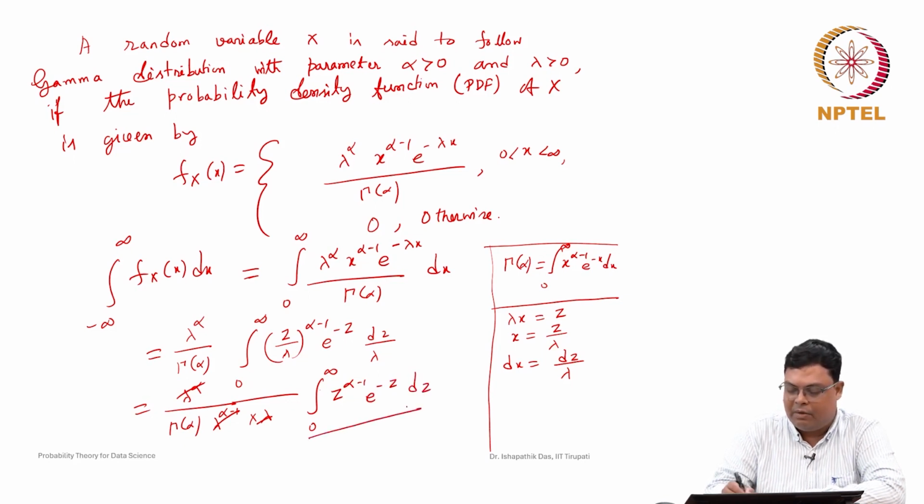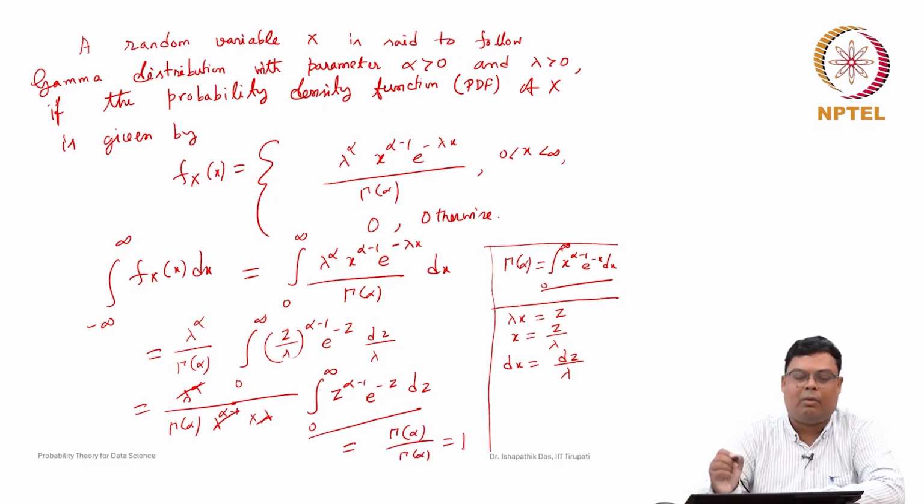Now, you can compare with this formula: the integral of x to the power alpha minus 1 e to the power of minus x dx from 0 to infinity. Here, z to the power alpha minus 1 e to the power of minus z dz from 0 to infinity is also the same as gamma alpha. So, this is nothing but gamma alpha by gamma alpha, which is equal to 1. So, it is a probability density function.